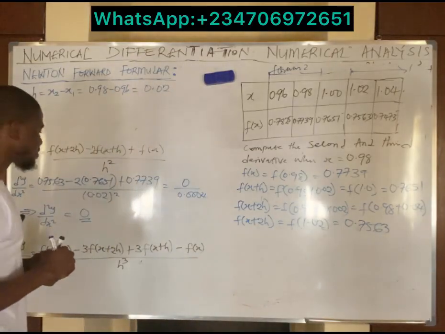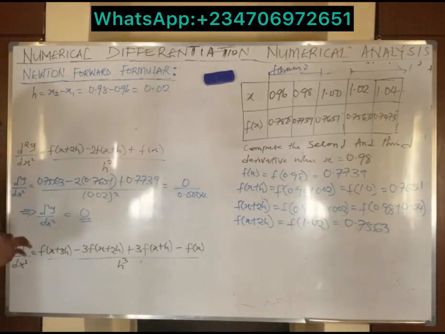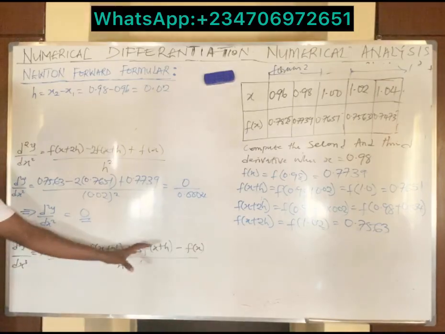So we try for the third derivative. If you look at the formula, the only thing we need to find for the third derivative now is f of x plus 3h. Every other thing in the formula, we've already gotten.